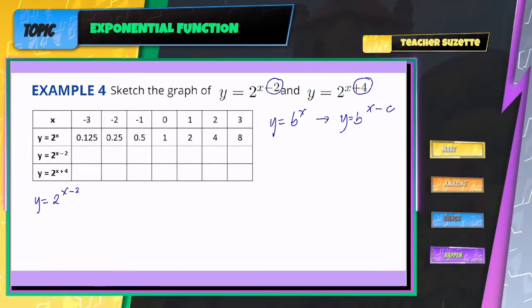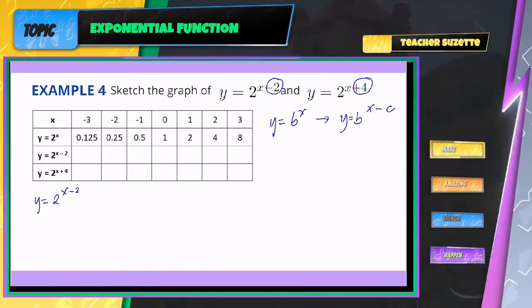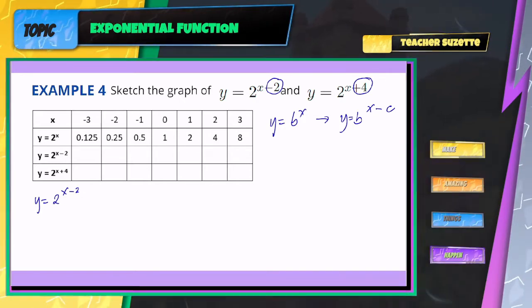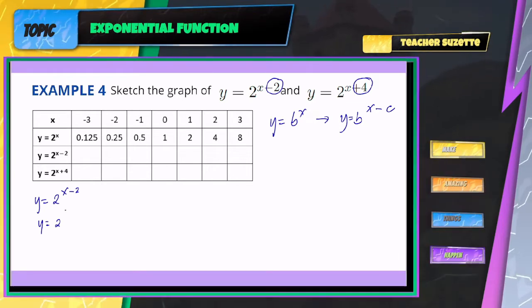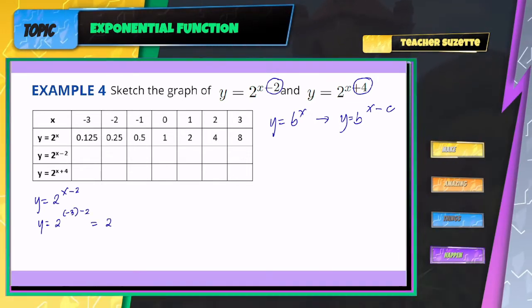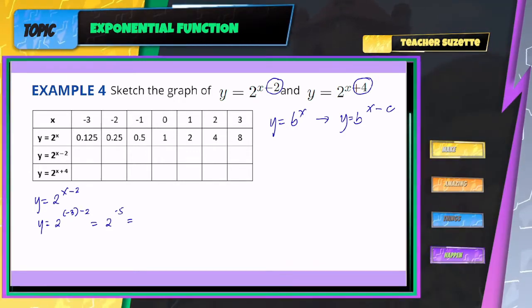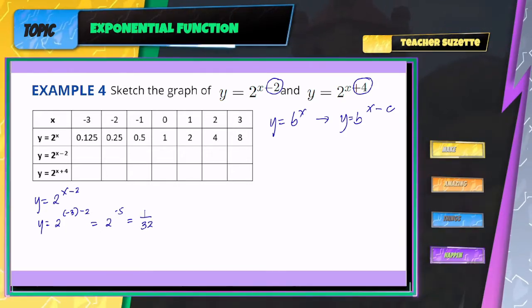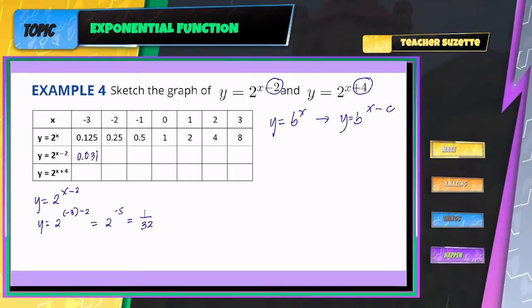Let's start with y is equal to 2 raised to x minus 2. So, what we're going to do is simply substitute the values of our x from our table to our function. So, we have y is equal to 2 raised to negative 3 minus 2, and 2 raised to negative 3 minus 2 is equal to 2 raised to negative 5. So, 2 raised to negative 5, get the reciprocal, that is 1 over 32. Or in decimal points, that is 0.031.